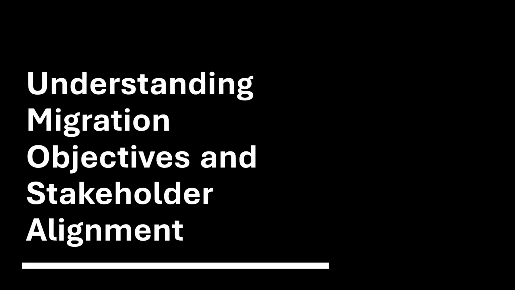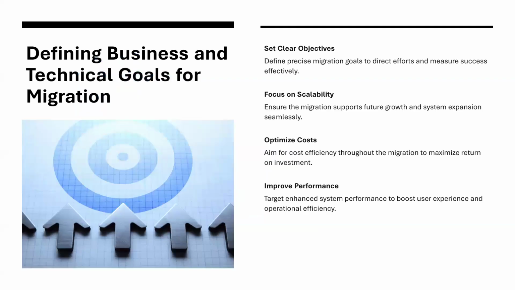Understanding migration objectives and stakeholder alignment is very important. When we are talking about migration, it's not just that we start working on the application and the servers, or start lifting and shifting. It's very important that we sit with the business people and understand what objectives they have. They may want to focus on scalability of the applications, or they may be facing business problems.